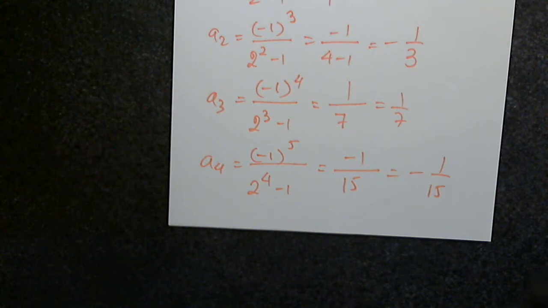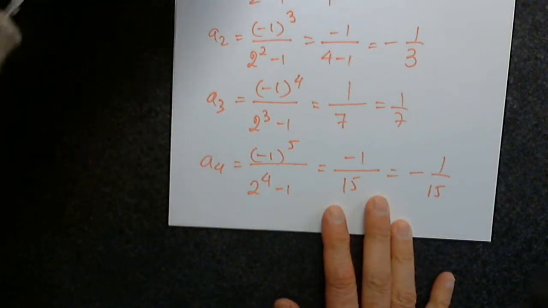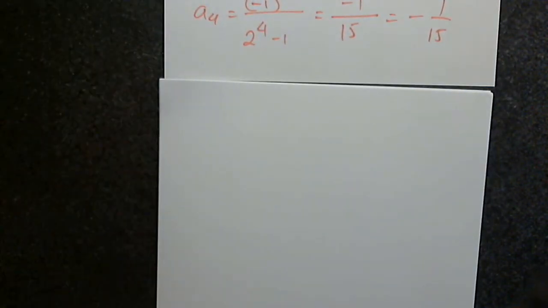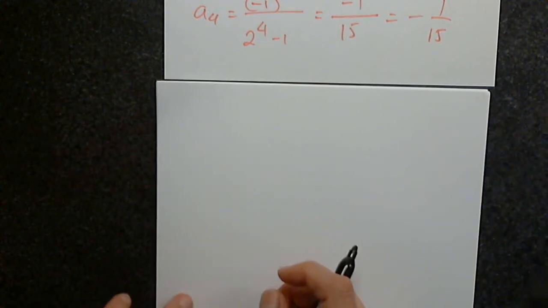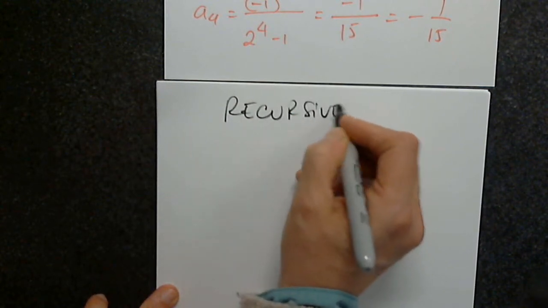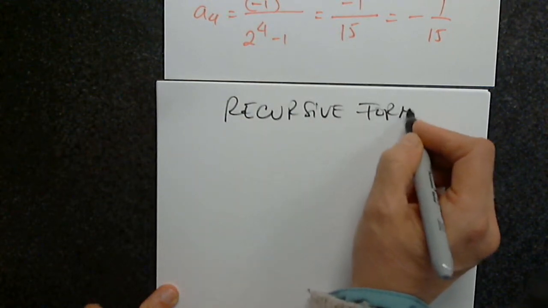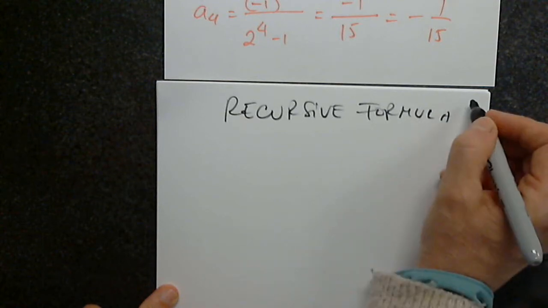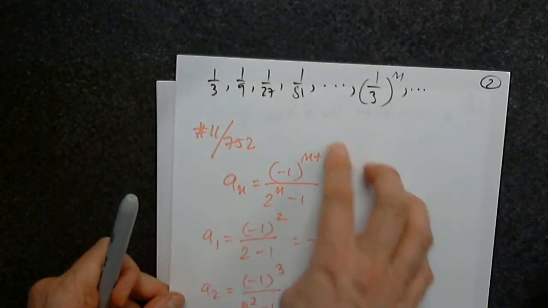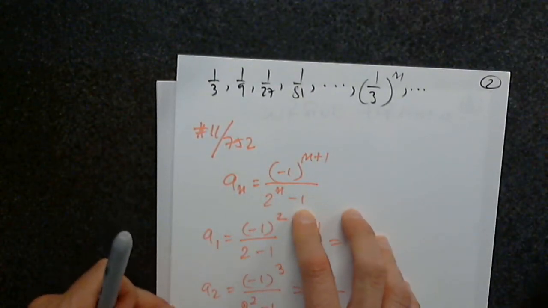Given the general term. Now, there is a second option. And the second option is when we are given a relationship called a recursive formula. So we are not given, like in the previous examples, the general term in terms of n and numbers.